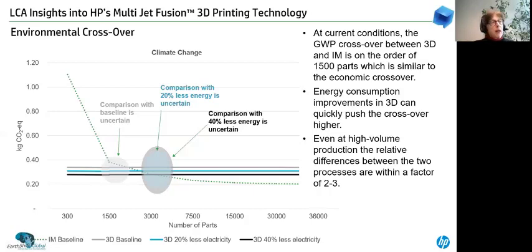Below that point, well, actually right now, below the 1500 parts, they're actually better. So for really low volume cars, and yeah, there are still some specialty cars out there that have lower volumes than 1500, they have a benefit, and that's really cool. At 1500, they're basically equivalent. So that was really interesting for HP, and really gave them a driver for looking at what to do next, perhaps reduce those energy impacts.